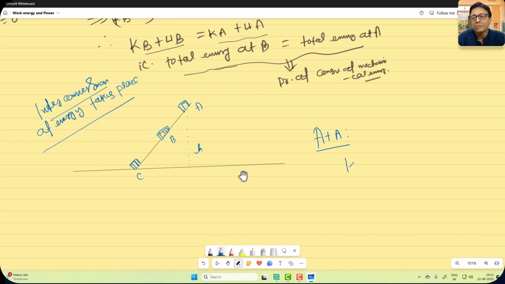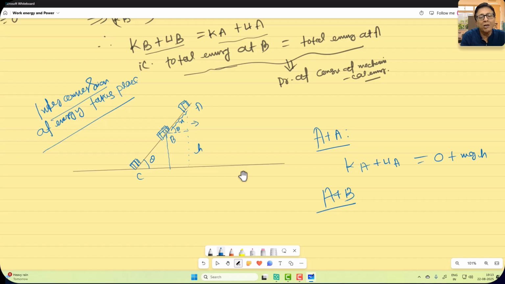At A, Ka plus Ua, how much? You have just released it. Tell me, kinetic energy at A is 0, potential energy is what? mgh. At B, let the distance between these 2 points be x. The incline makes an angle theta, here also it will be theta.